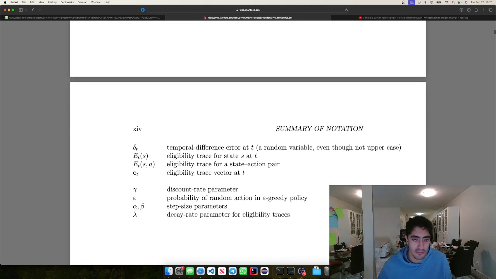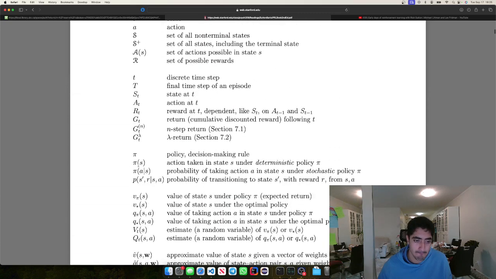We learned a little bit of these notations. We also went over backgammon. The big problem in reinforcement learning is about designing that value function, and that value function is actually what's really important.